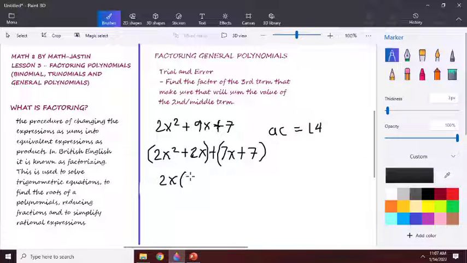We have 2x times x plus 1, plus 7 times x plus 1. Hindi ko na masyado i-explain ito. Kahit i-check nyo naman, tama naman, di ba?